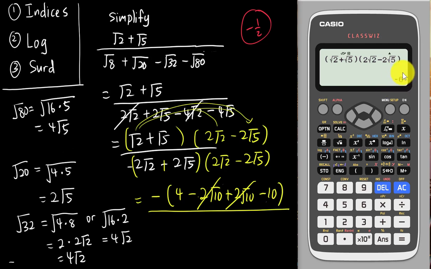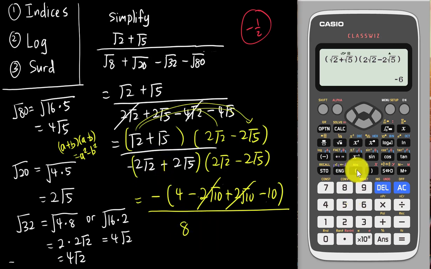Alright, same idea for the denominator. You can ignore the negative because I already brought it to the top. If you do a plus b multiply a minus b, we know the result is a squared minus b squared, isn't it? So I'm not going to do one by one. I will straight away do a squared, which means 2 sub 2 squared, which is 4 times 2, is 8.